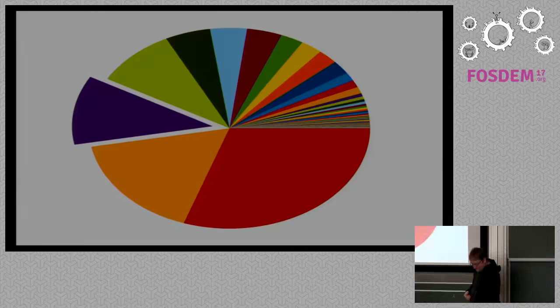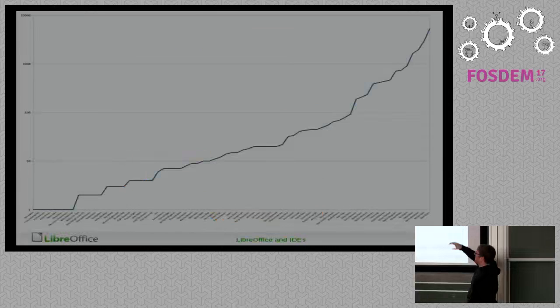So this is the lines of code and who last touched them. It's pretty evenly distributed, and there are a lot of people touching lots of areas there. So looking forward to using something completely different.